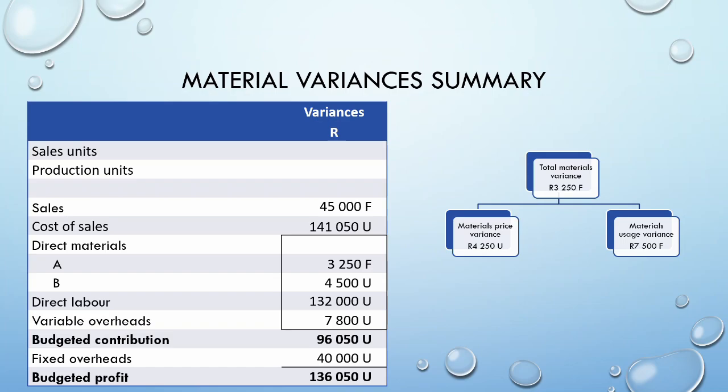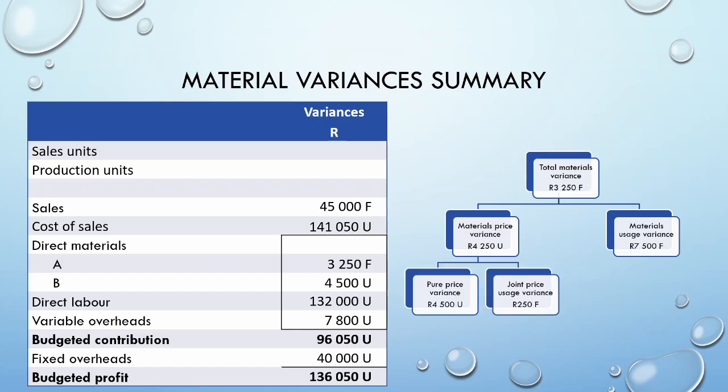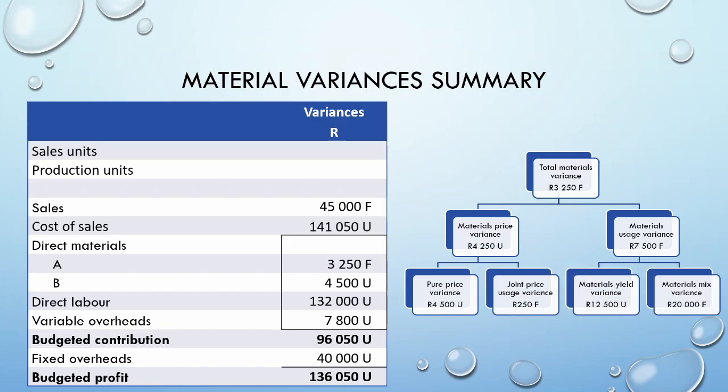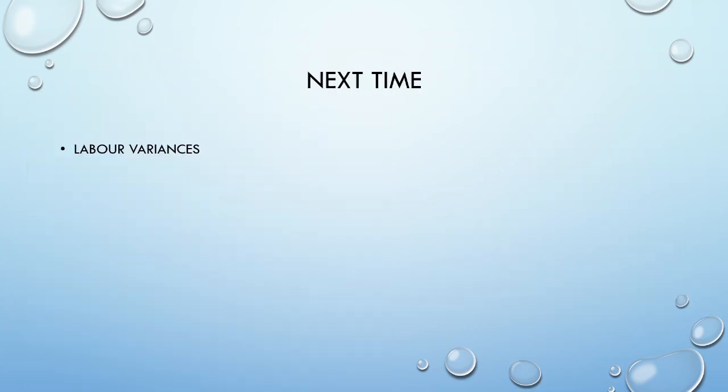We can further break up our price variance into the pure price variance of 4,500 Rand unfavorable and the joint price usage variance of 250 Rand favorable. Likewise, we can break up our material usage variance into the yield component of 12,500 Rand unfavorable and the mix component of 20,000 Rand favorable. Make sure that you summarize your material B variances and arrive back at the overall variance of 4,500 Rand unfavorable.